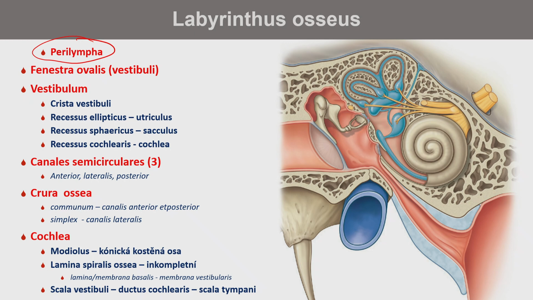Perilymph is moving by the vibrations and transmitting them through the oval window, or vestibular window, and then is changing the state of the fluid, which is localized in the membranous system.